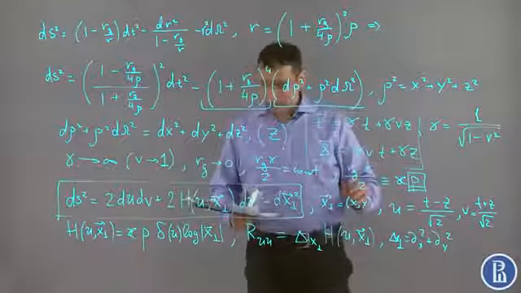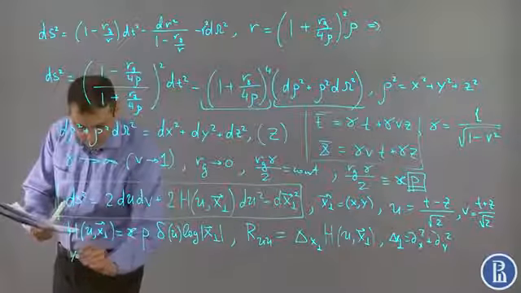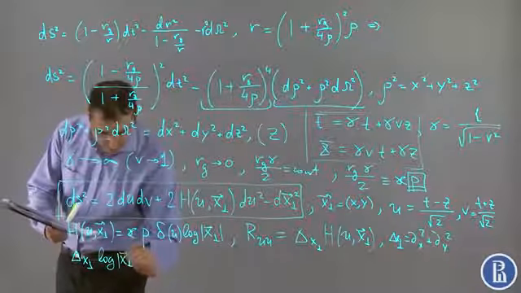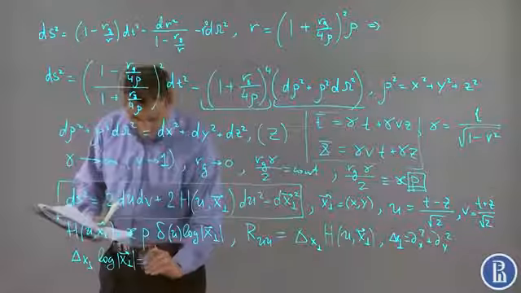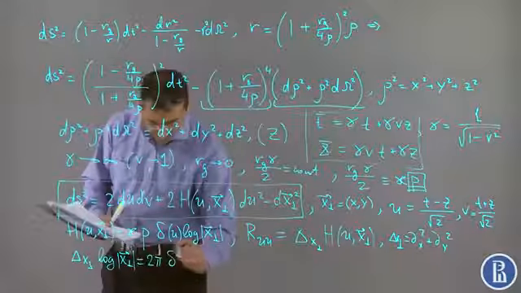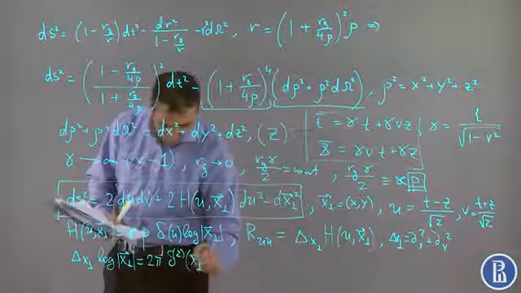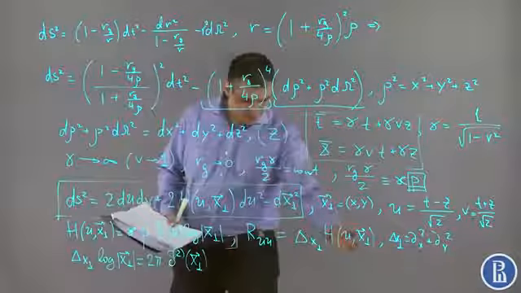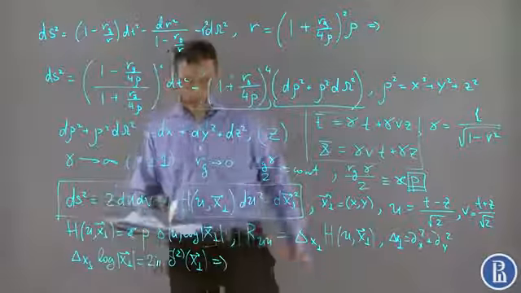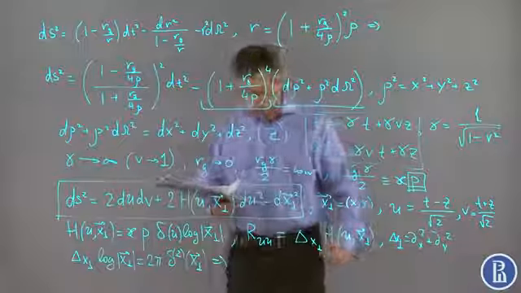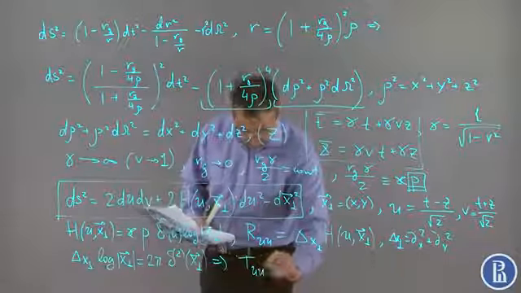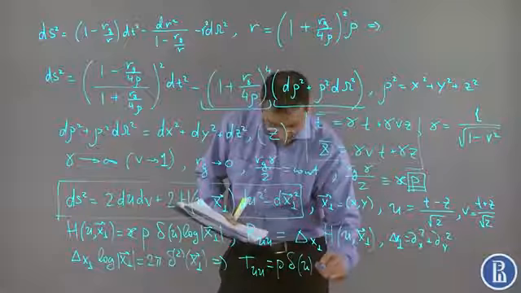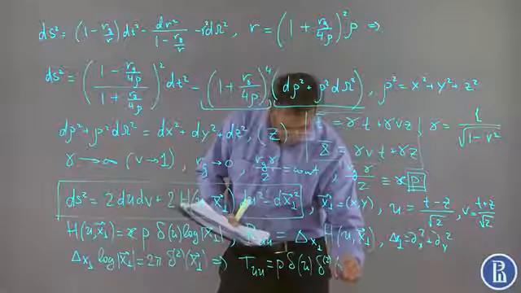Using the fact that the Laplacian of log of x perpendicular is actually 2 pi times the two-dimensional delta function of x perpendicular, so basically log is a two-dimensional Green's function, we obtain that this metric solves the Einstein equations with the following source: T_uu is just p times delta of u times the two-dimensional delta of x perpendicular.